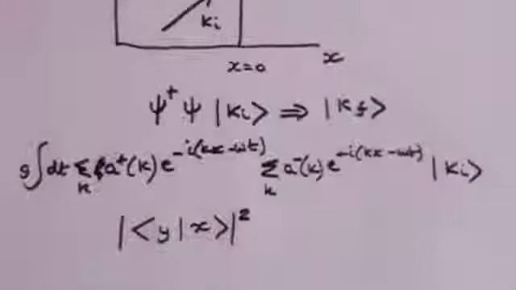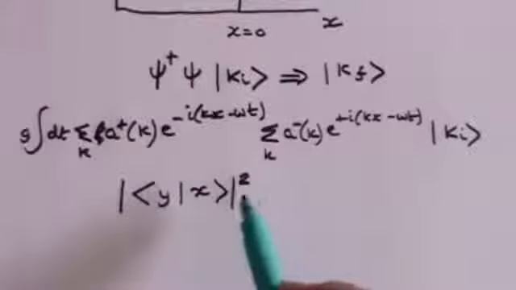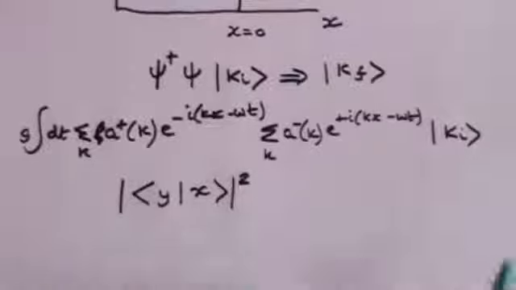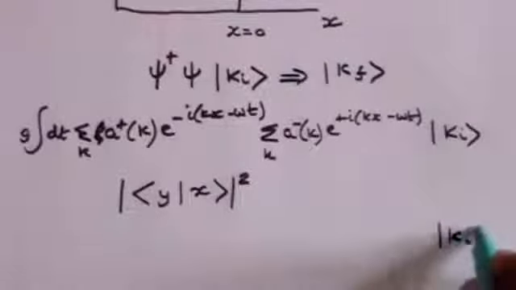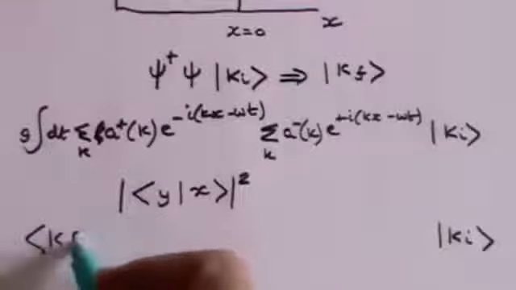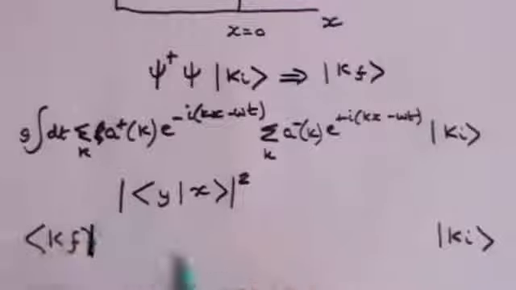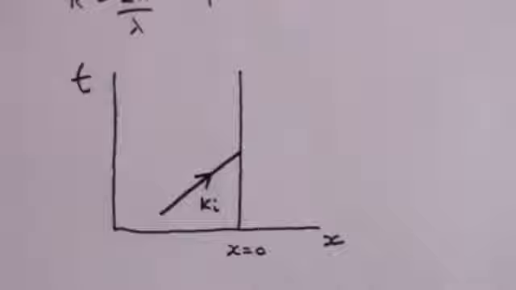So consequently, what we can say is that I'm not going to worry about the probability. It's sufficient to look at the probability amplitude. The probability amplitude of taking a state in ki and finishing up with a state in kf, where k is the proxy for momentum.